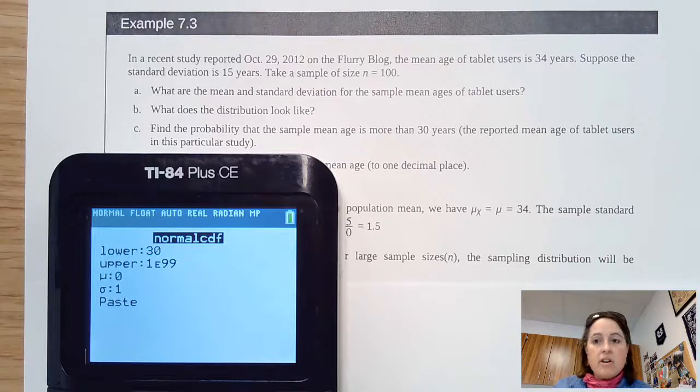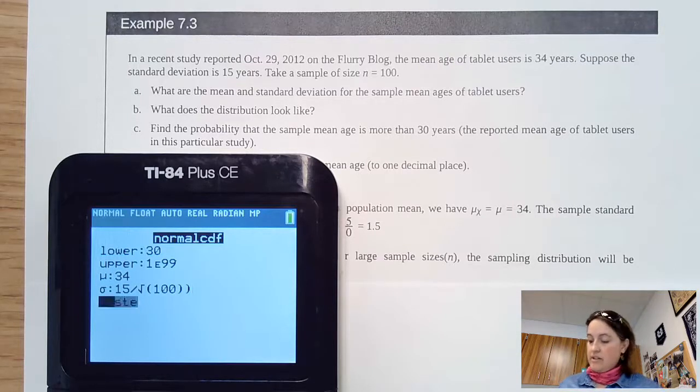Our mean value on this one is 34 years. And then our standard deviation, we have to do that 15, but then we have to divide it by the square root of the sample size, which in this case is 100. So you can type this directly in like this, or you could use the 1.5 we did earlier. You can put it in either way.